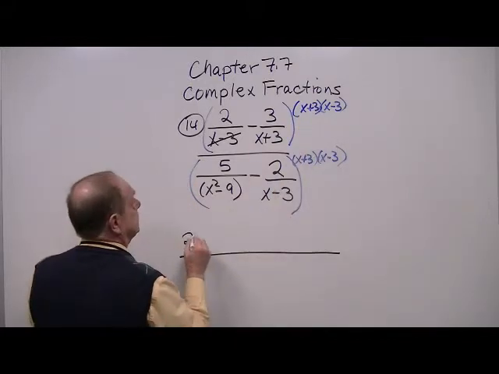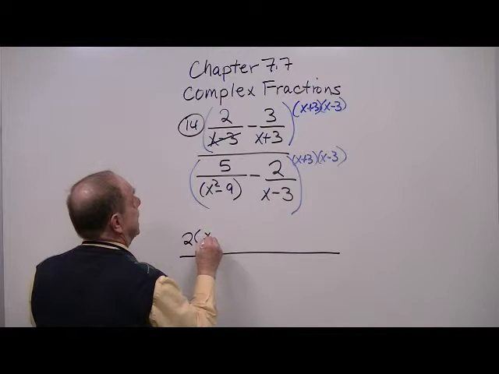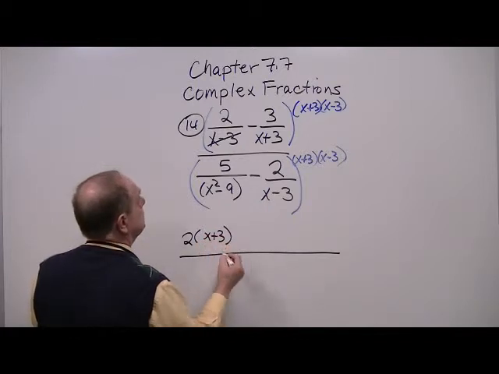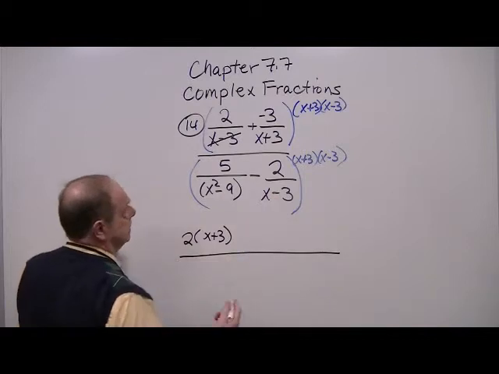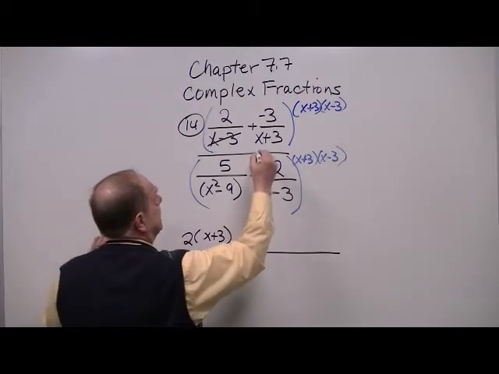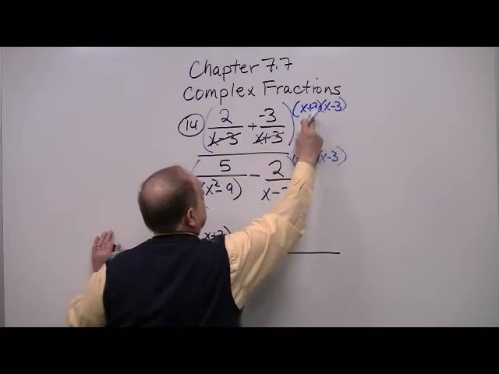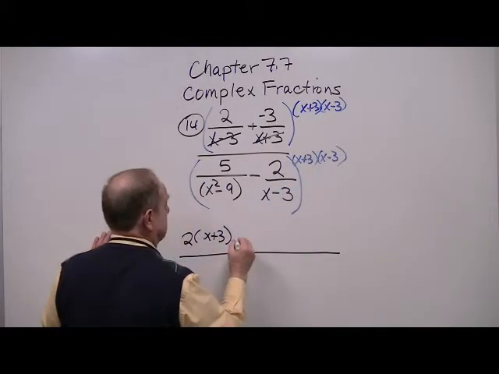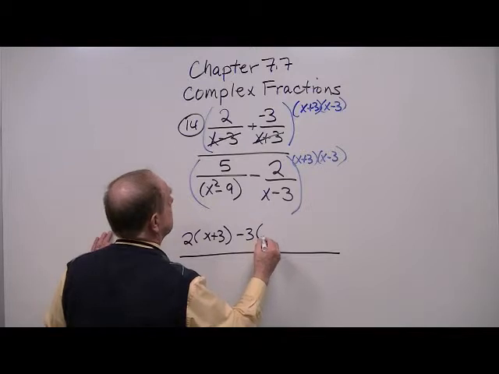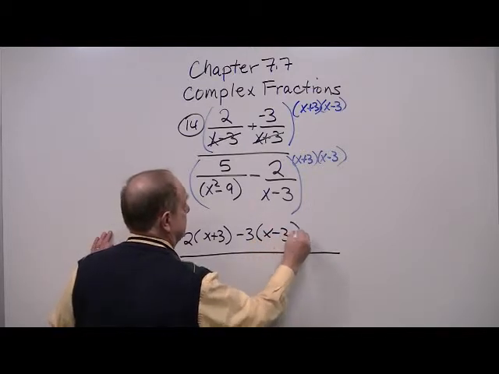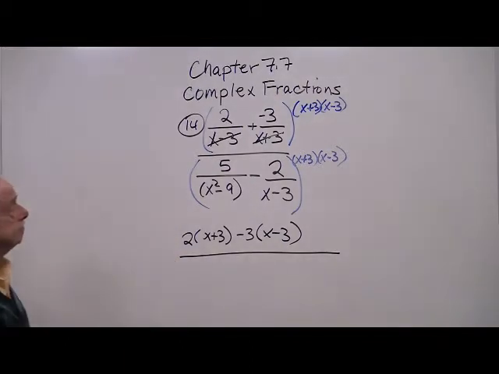So I'll write it out. 2 times x plus 3. Now I'm going to make this a plus, make that a minus, easier to work with. Now this one cancels out with this one, so I'm left with a negative 3 times x minus 3 on top.